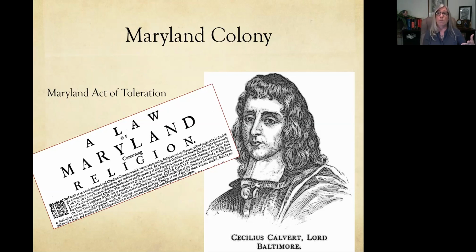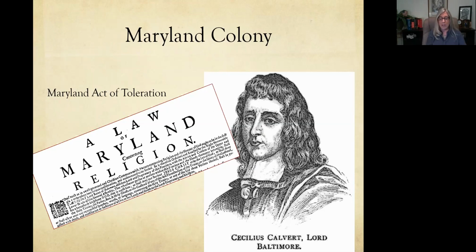So Baltimore tries to protect his Catholic followers by saying, okay, fine, all of these people who are moving to Maryland, this Maryland tobacco producing colony, you can set up your own government. That's fine. You can have your local legislature, just like we saw with the House of Burgesses in Virginia.